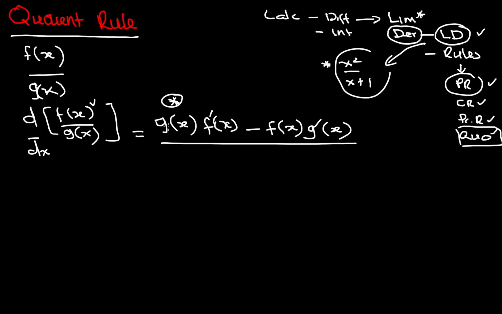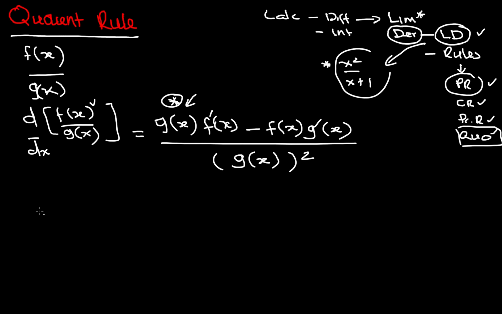Here you have the derivative of the other function, then here you have the other function and the derivative of this function, okay? And then we said that the one that rules this function is g(x). So here we're going to have g(x), and then we're going to square it. Okay, so that is this, right?